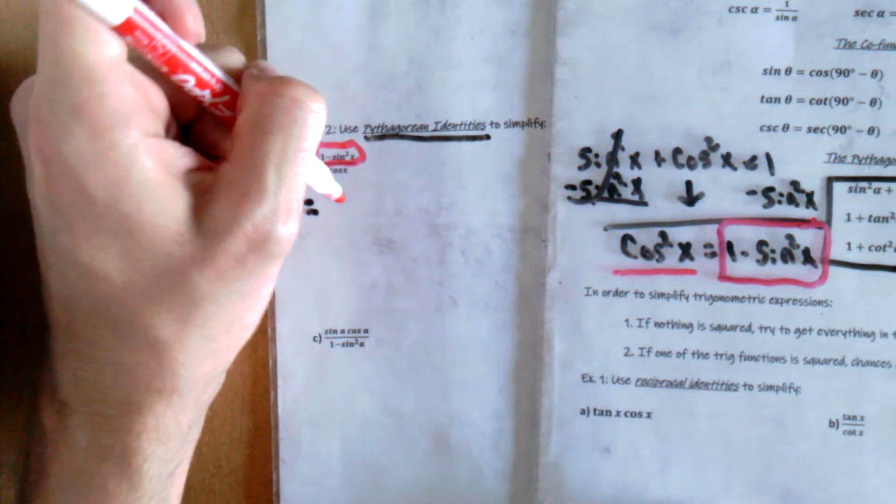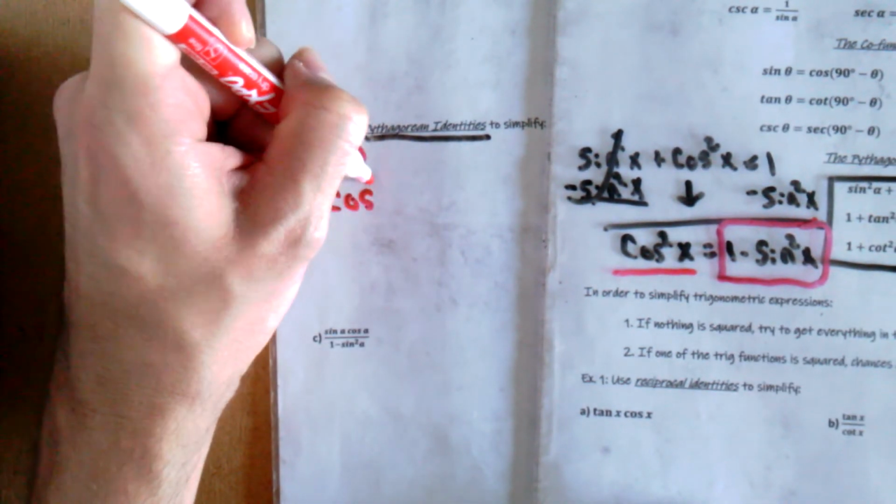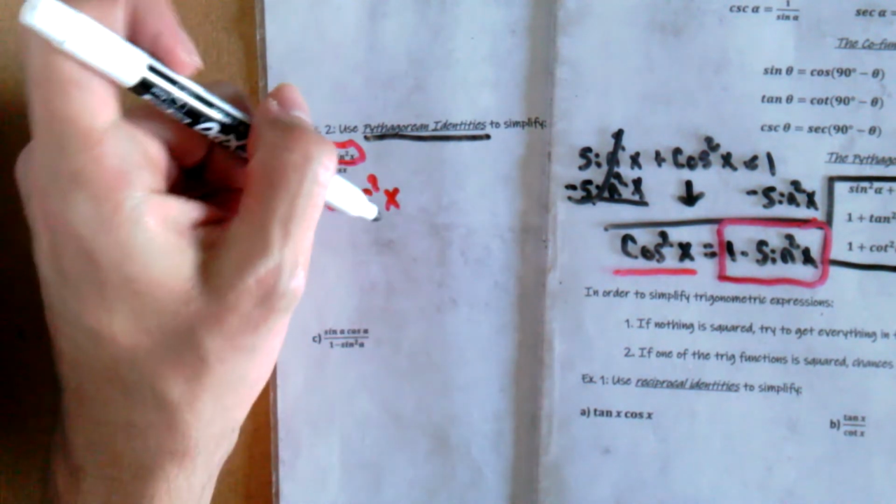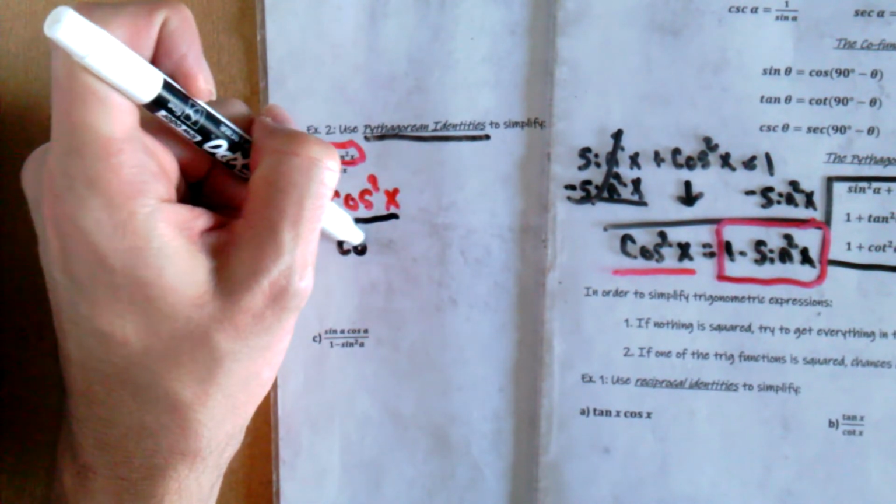So this expression actually equals cosine squared divided by cosine. Okay, now it's a lot easier to simplify.